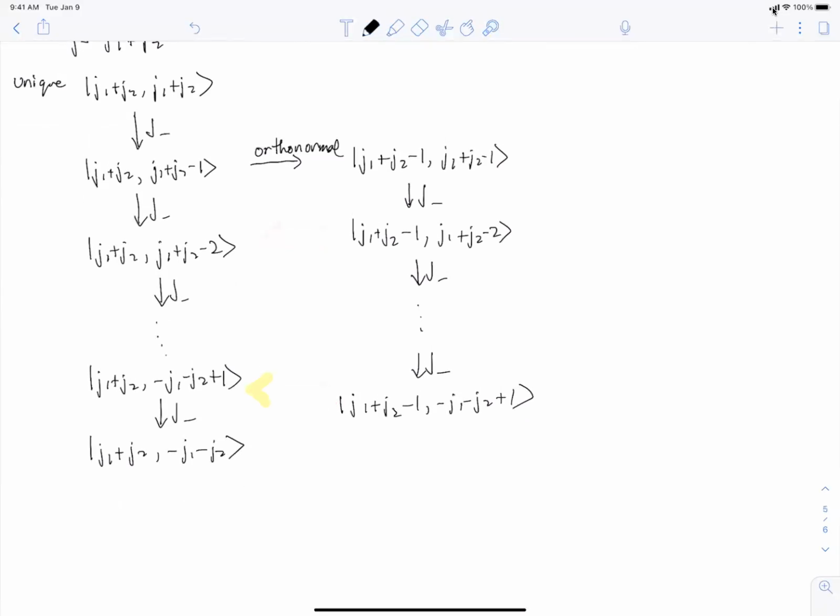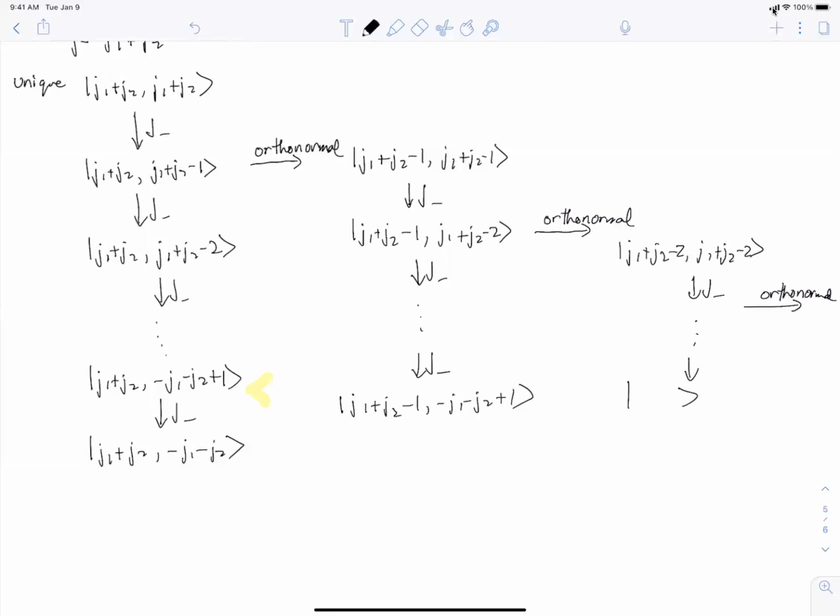Okay, and then here you again use orthonormality. Okay, and you get this state here, J1 plus J2 minus 2, J1 plus J2 minus 2. You act with J minus again. You get some state here. Whatever state you got here, you use orthonormality.